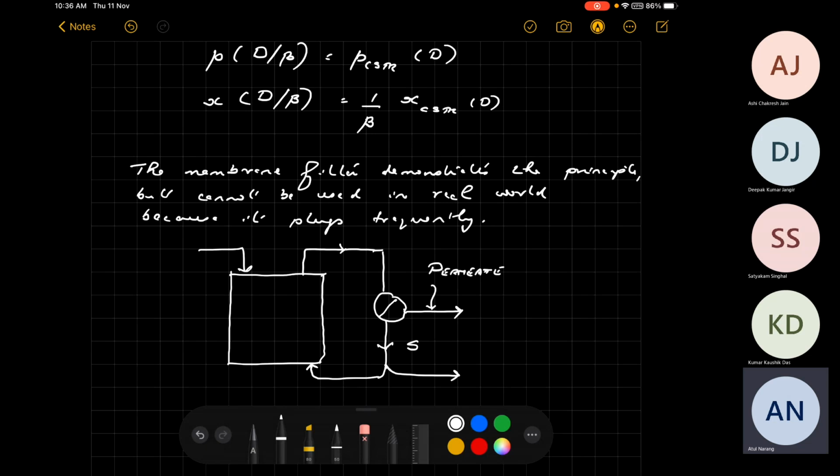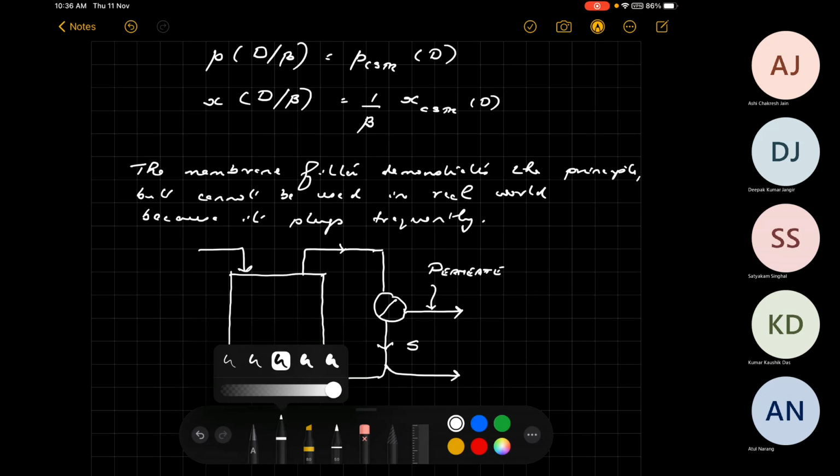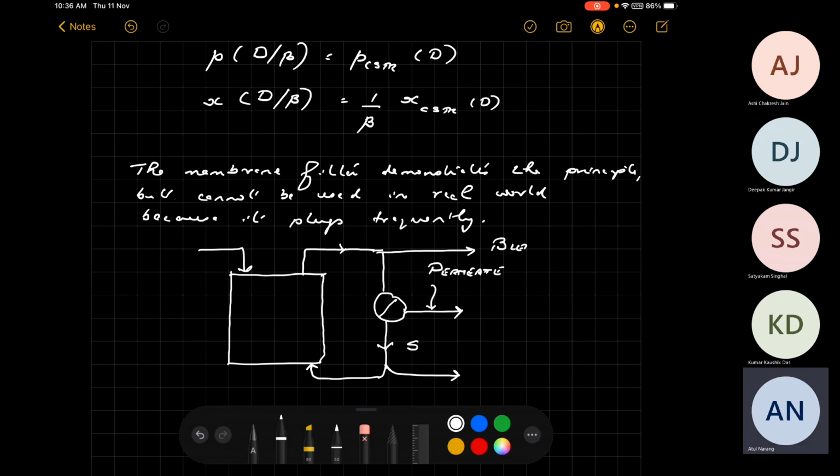Actually, the picture seems to be, this is the bleed, and this is permeate, or cell-free effluent, and this is the recycled stream.